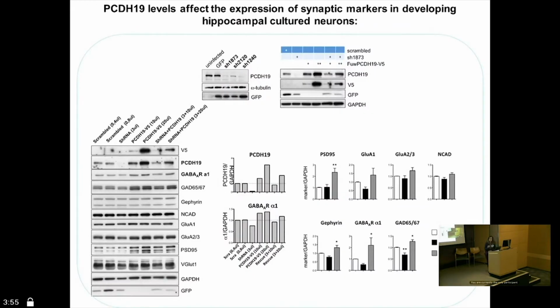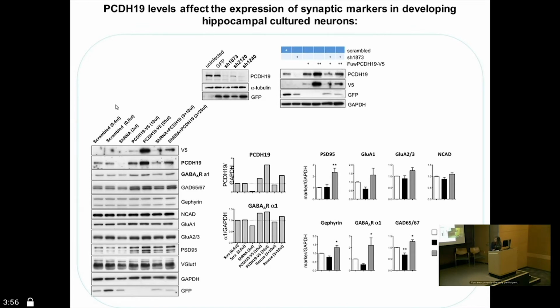In the next experiment, we analyze the downregulation of protocadherin 19 in cultured neurons and also the overexpression. We modulate the expression of protocadherin 19 in cultured neurons, and we found that the expression level of protocadherin 19 regulates the markers in the development of hippocampal cultured neurons.